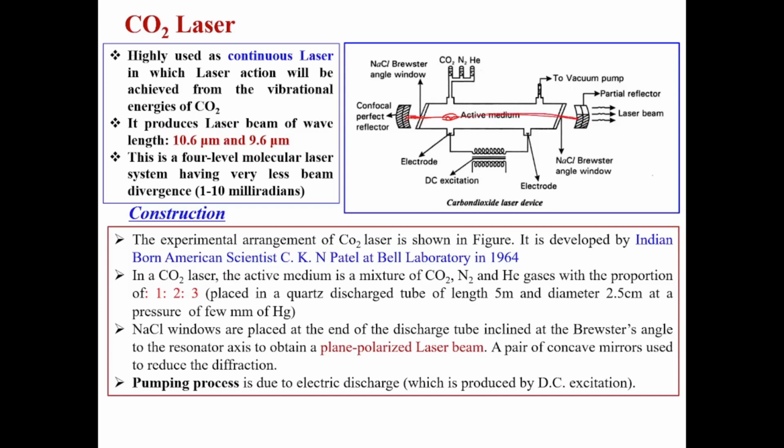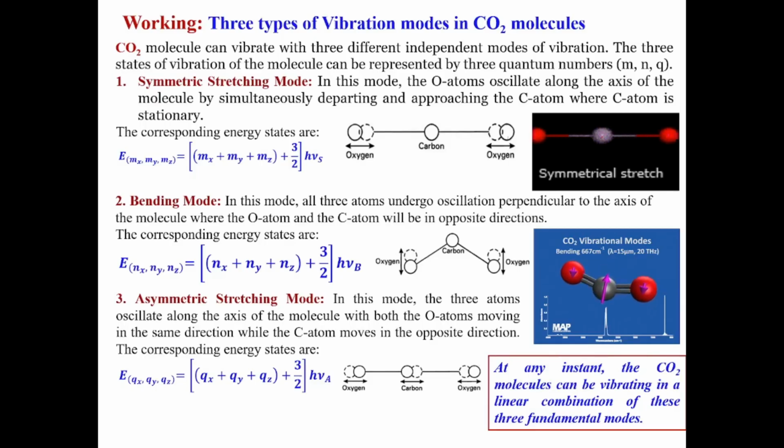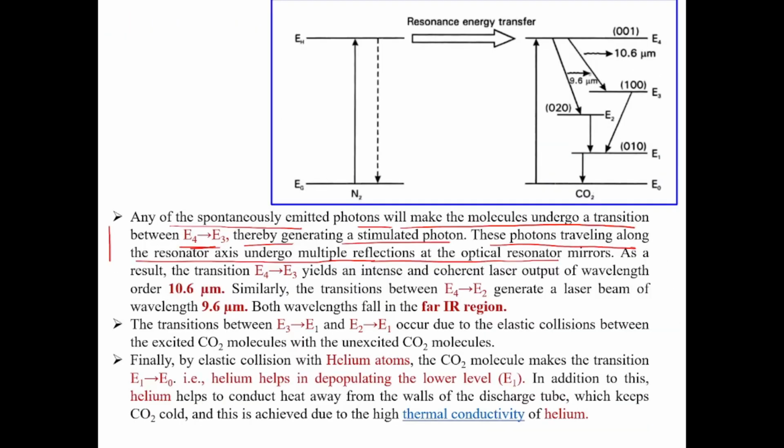So with this motion, the photon will interact with carbon dioxide molecules which are in the E4 state. That interaction is the stimulated interaction. When it stimulates other carbon dioxide molecules which are at E4, these molecules transit to the lower state by stimulation. Same thing has been written.